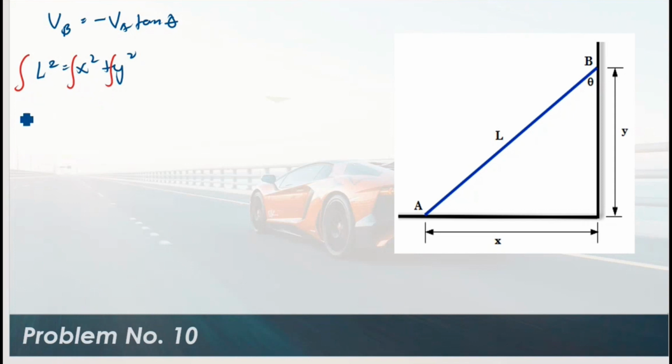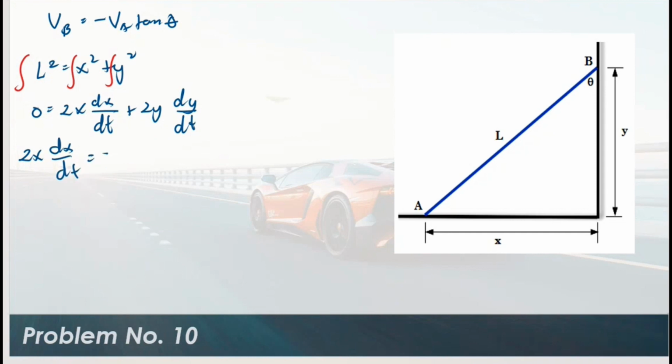So the equation will become 0 is equal to 2x dx over dt, because we are differentiating with respect to time, the velocity, plus 2y dy over dt. Simplifying this further, 2x dx over dt is equal to negative 2y dy over dt, right? So we could cancel 2.